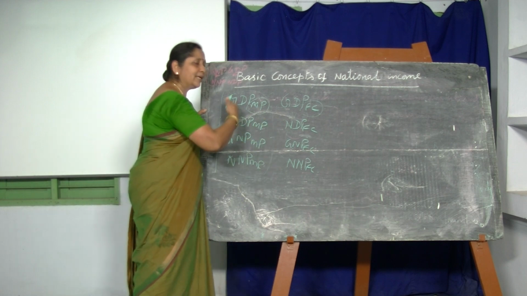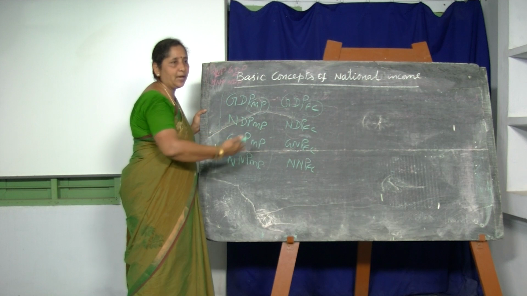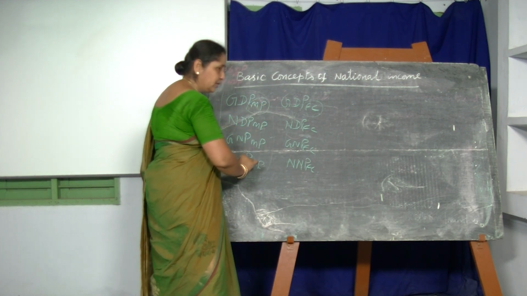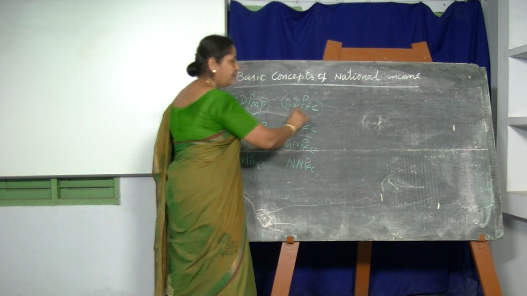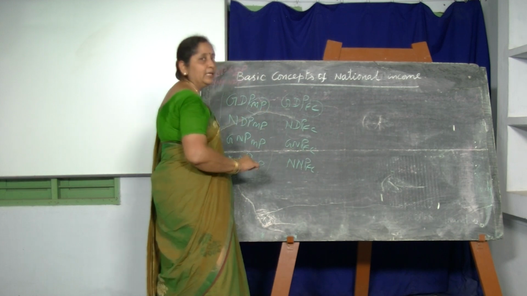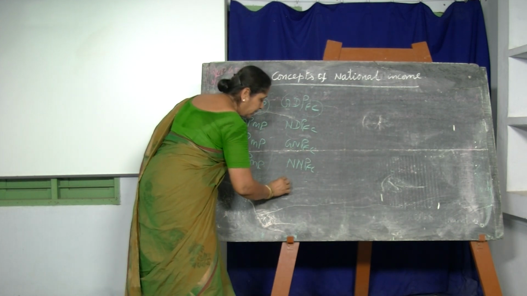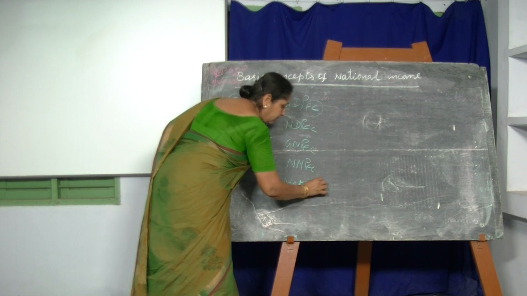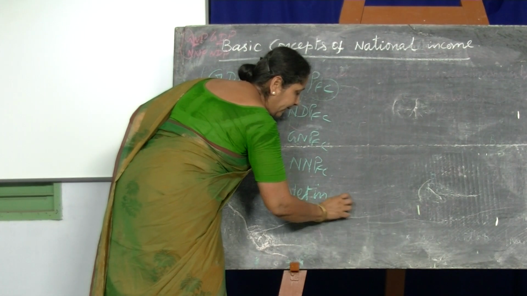And how can we club this factor cost and market price? Market price, as I already told you, includes the taxes. Factor cost includes the incomes, isn't it? So here we have to take net indirect tax.